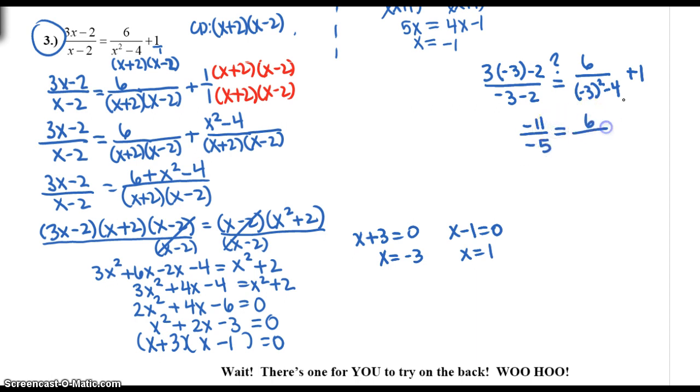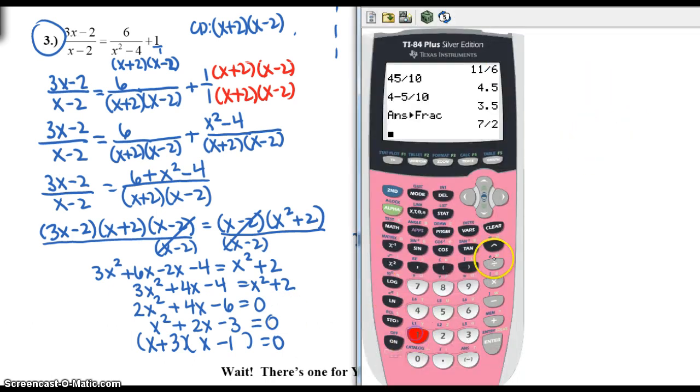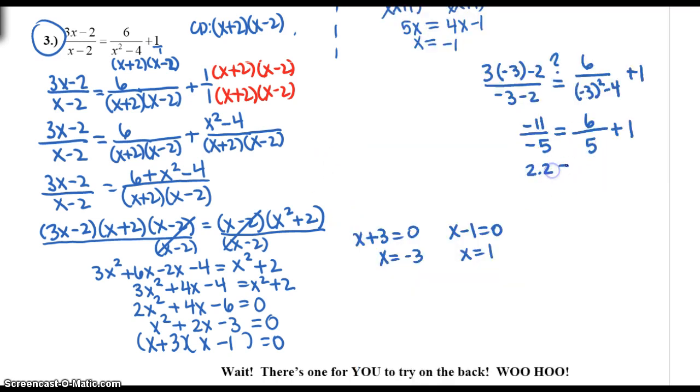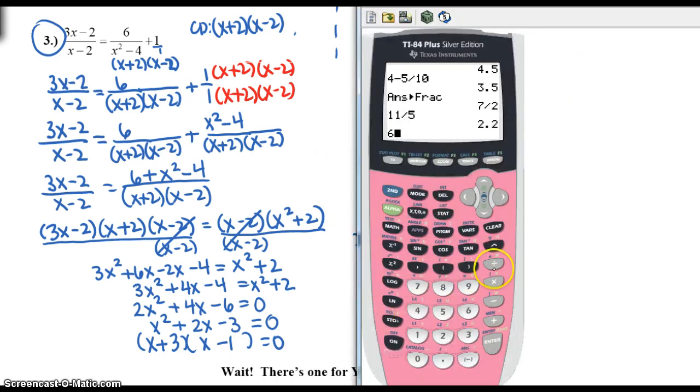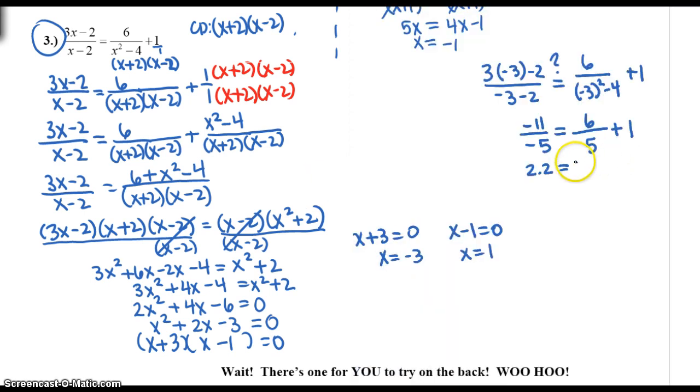And this will be 6 over, this is 9 minus 4, and 9 minus 4 is 5, plus 1. So, I could do this in the calculator here. 2.2, is that equal to this? So this is 6 divided by 5 plus 1, and I get 2.2 for this also. So we know x equals negative 3 is an answer.